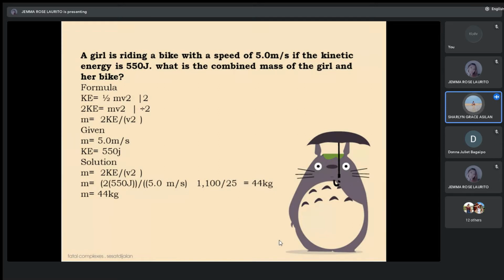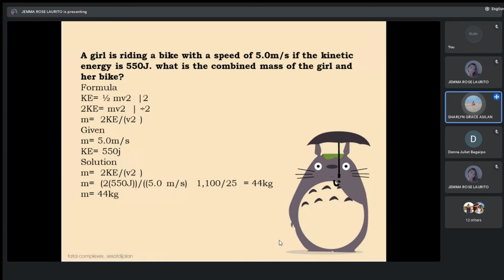So, mass is equal to 2 times kinetic energy divided by velocity squared. The given speed is 5 meters per second and the kinetic energy is 550 joules.